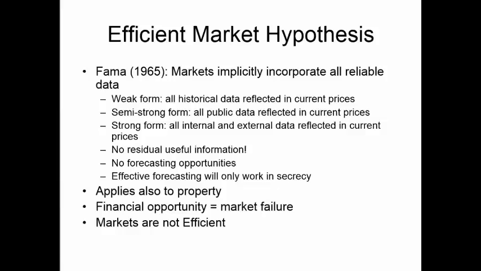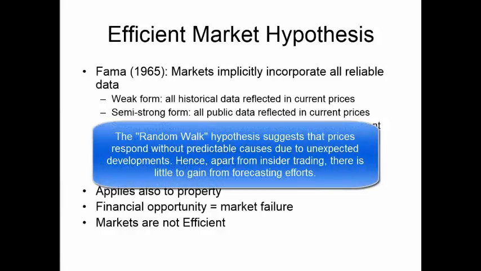The result of the efficient market hypothesis, if it applies, would be that the resultant change in prices beyond what is available from the market really gives way to little more than a random walk in prices, largely due to errors in pricing. It means that there's no residual useful information available to investors, and therefore no forecasting opportunities.